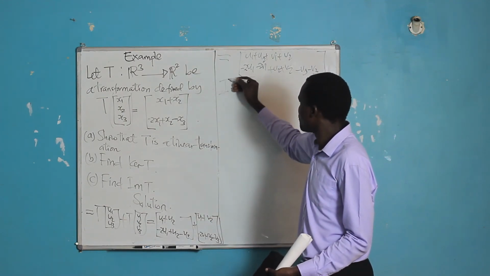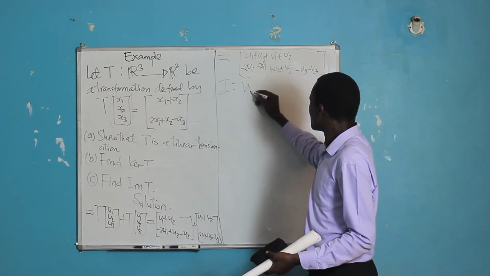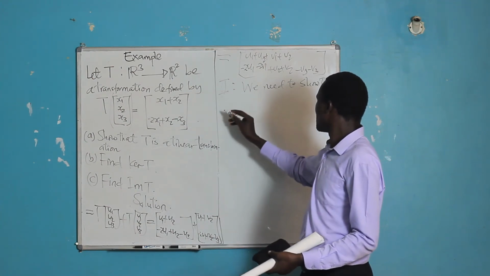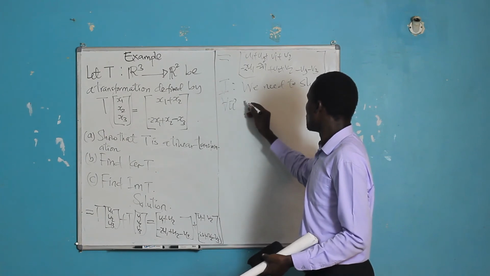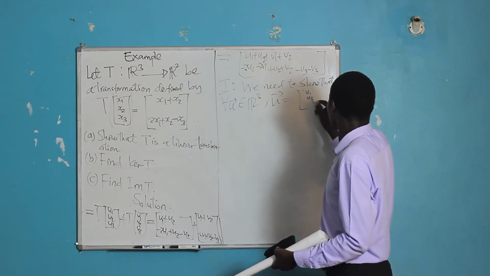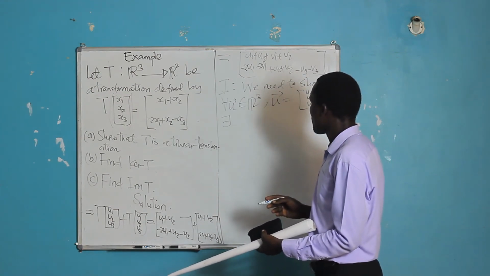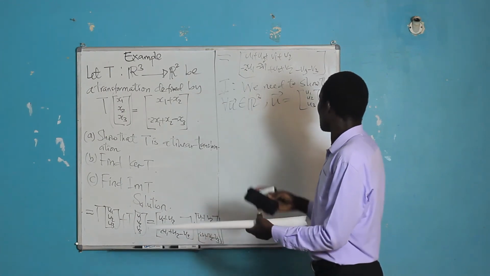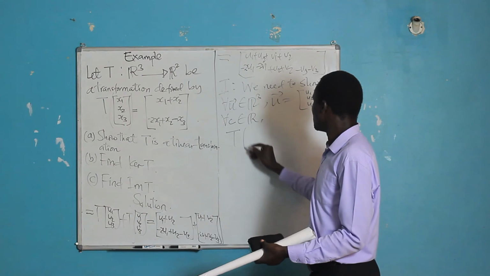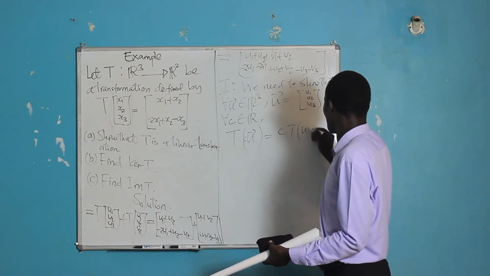The second axiom needs us to show that for all vectors u in R3 space, let's say u has entries u1, u2, and u3, and for every scalar c, a real number, then T of c times u equals c times T of u itself.